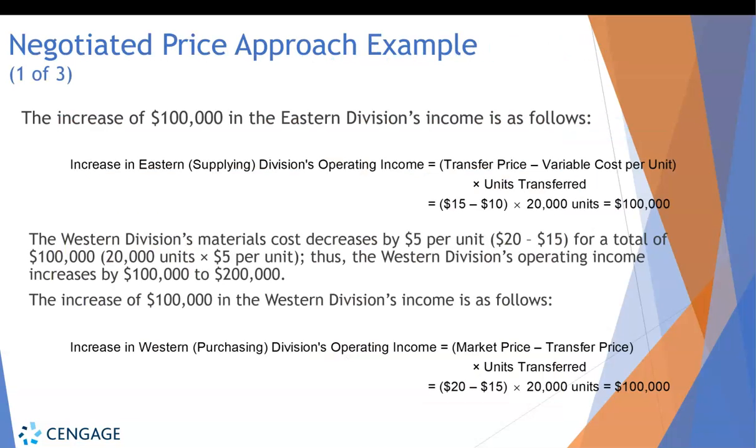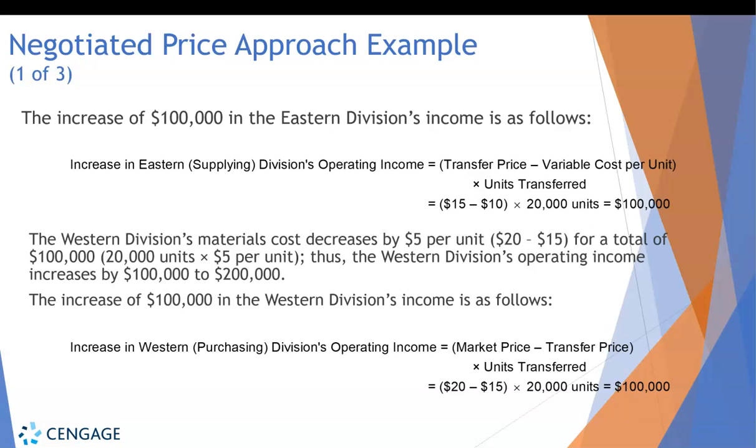Then we have a negotiated price approach. The increase of $100,000, as you see, is shown by the transfer price of $15 minus the variable cost per unit of $10, times the number of units transferred, which gives us that $100,000 profit.